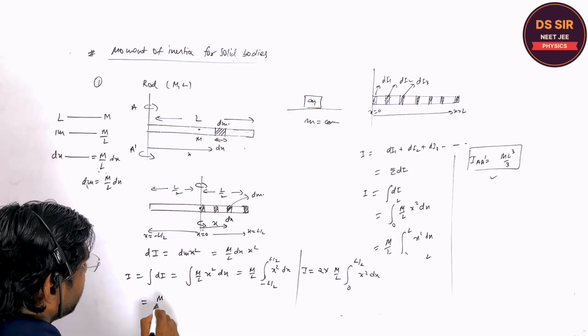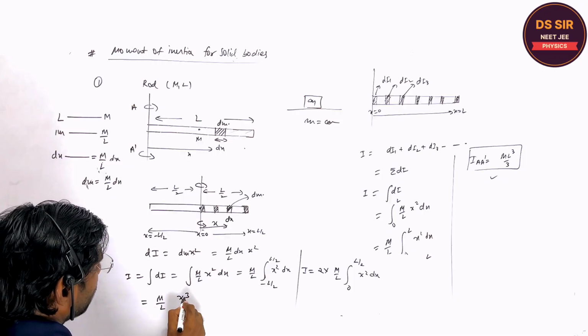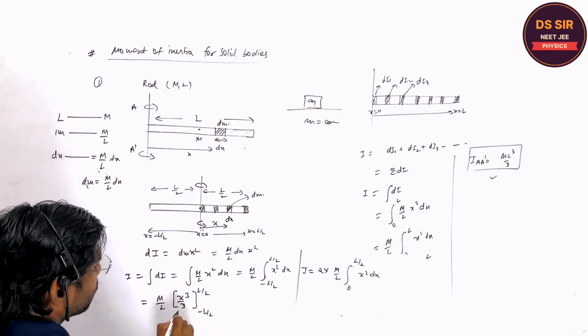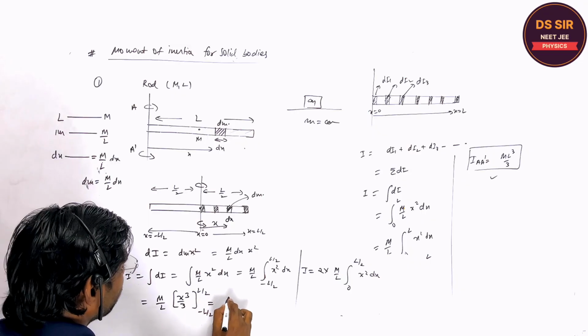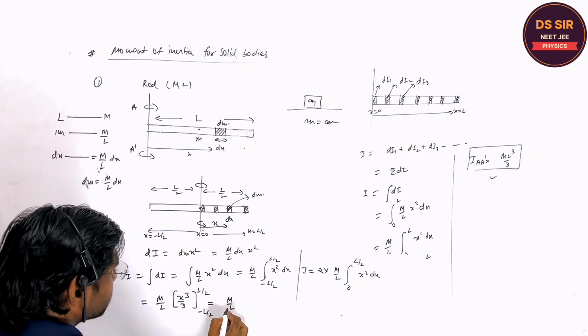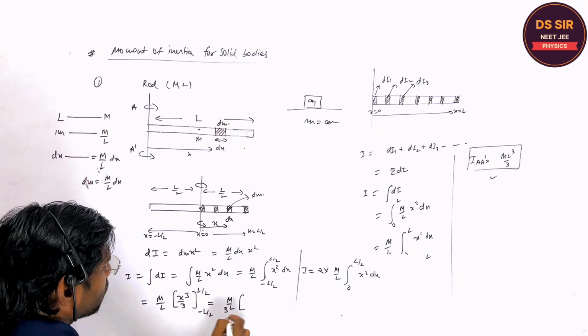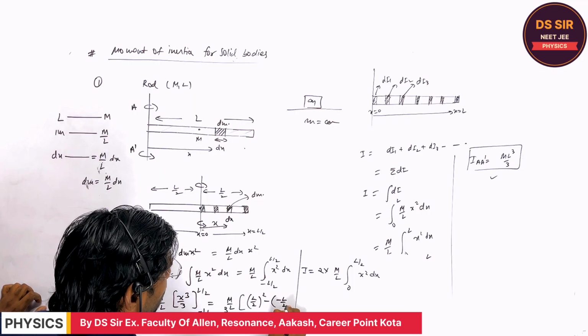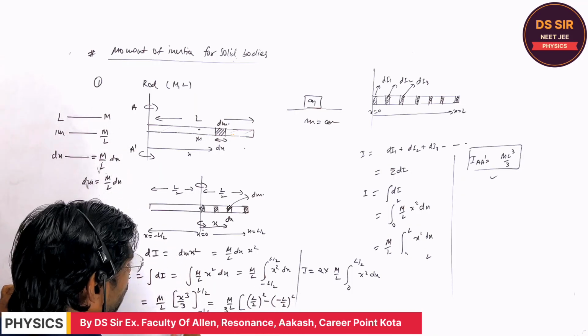This is m by L times x cube upon 3 from minus L by 2 to L by 2, right? When you will simplify m by L, this is 3, put the upper limit minus the lower limit. Are you getting or not?